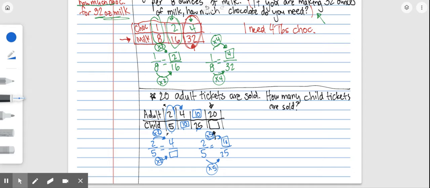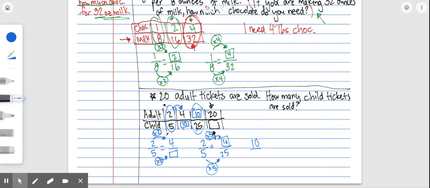So this time I have 20 adult tickets. I could use any of these previous ratios because 2 goes to 20, 4 goes to 20, and 10 goes to 20. It doesn't matter which one I use. I get to choose. I know that 2 groups of 10 equals 20, so I'm actually going to use this ratio, 10 and 25.